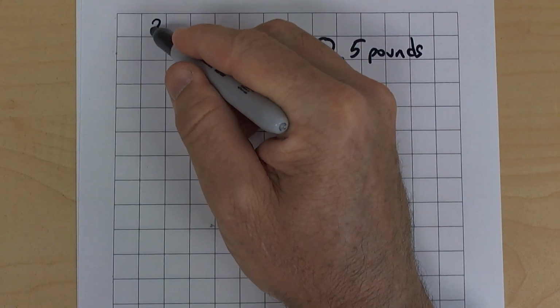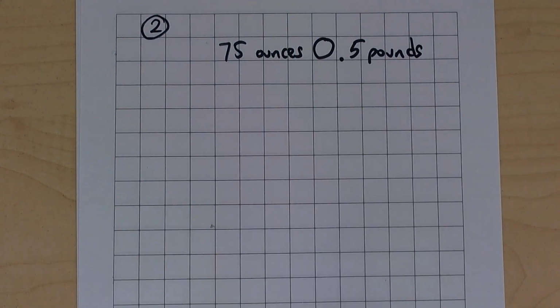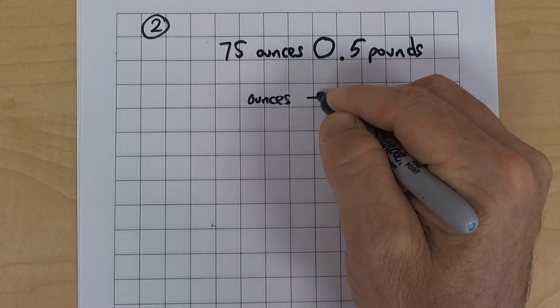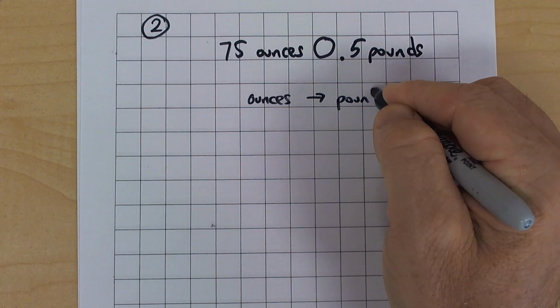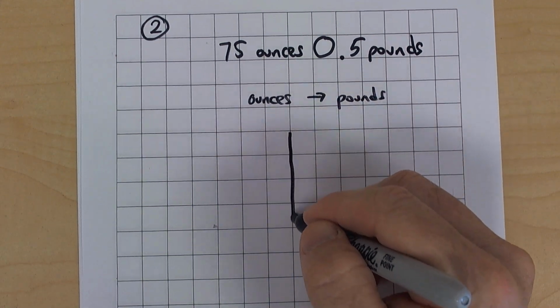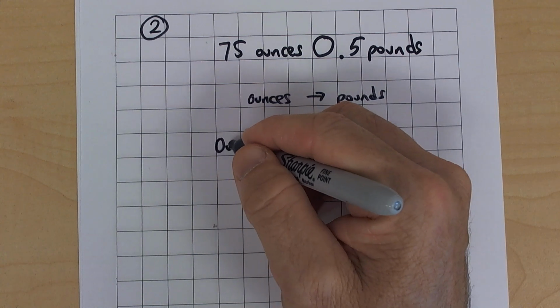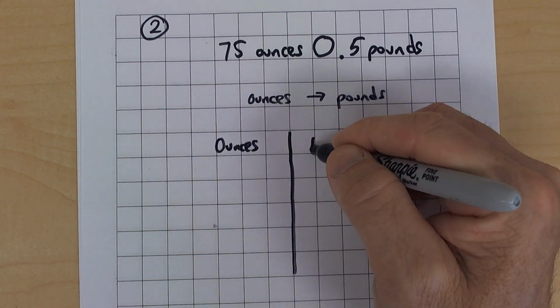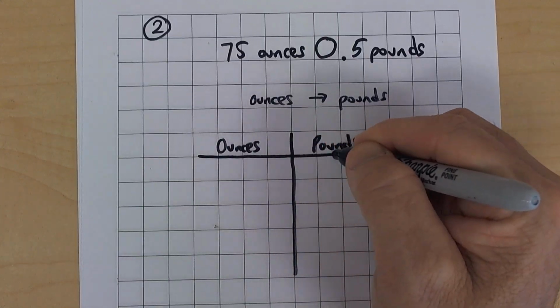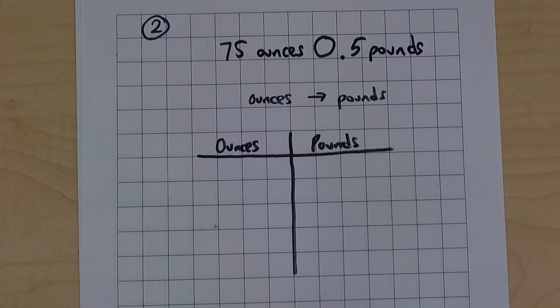Excellent. Since we know we're converting ounces to pounds, we can now use that information to set up a table. So I'm going to write ounces and pounds, and this will help us organize our work.